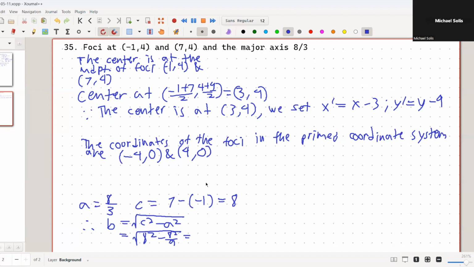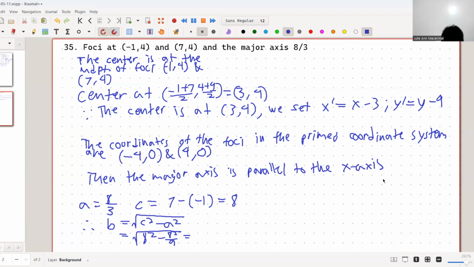That's why there are two axes of symmetry. So the major axis is going to be parallel to the x-axis.